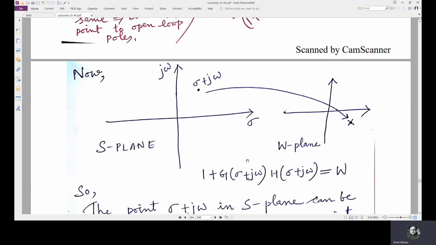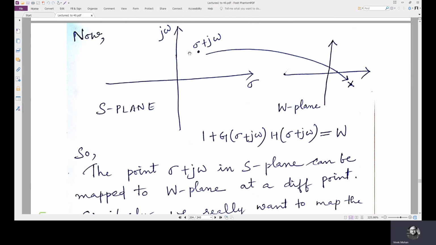the polar plot. Now you can see here an S-plane and a W plane, where the mapping of the S-plane to the W plane can be done using this expression 1 plus GH equals W. That means for any point sigma plus j omega in the S-plane, if you evaluate 1 plus G of sigma plus j omega into H of sigma plus j omega, you will get a corresponding point in the W plane, which is the mapping of a point in the S-plane to the W plane.